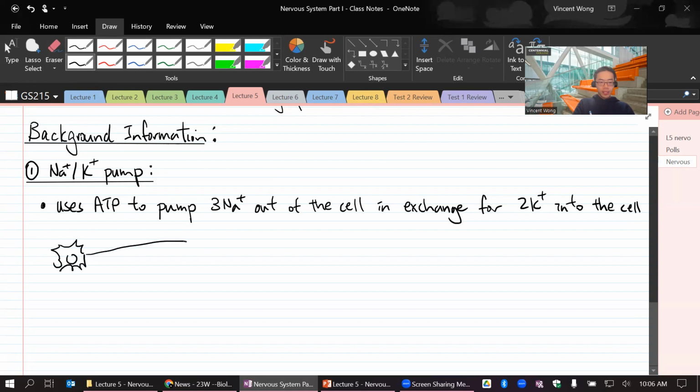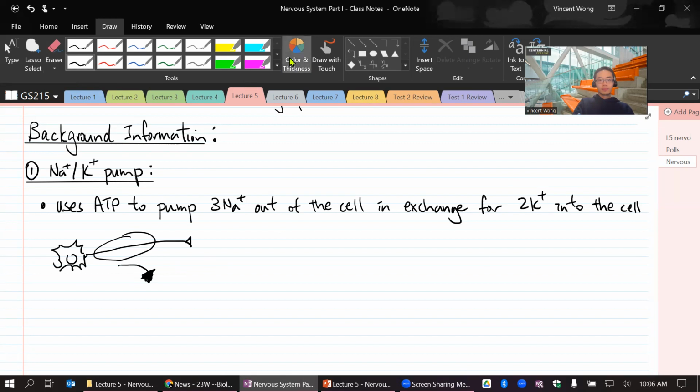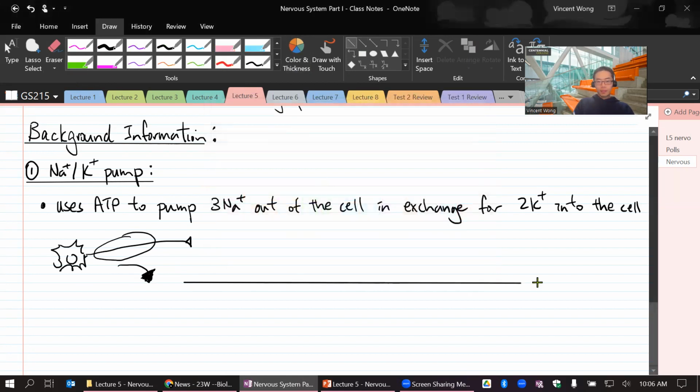So we're going to take our neuron again, and I'm going to focus on the axon. Okay, so this is the axon.